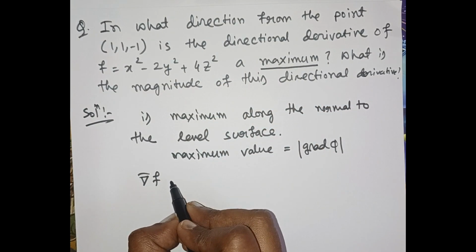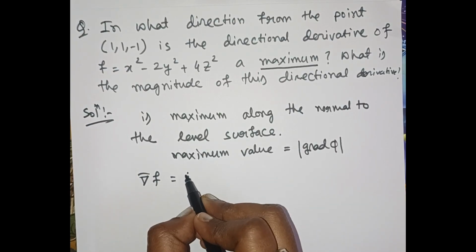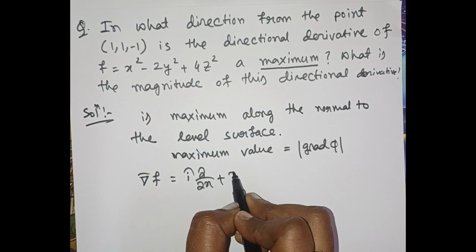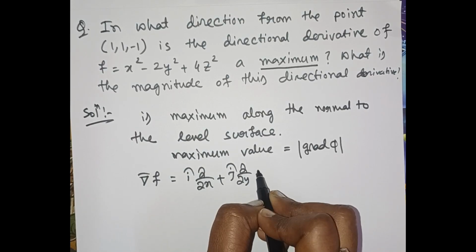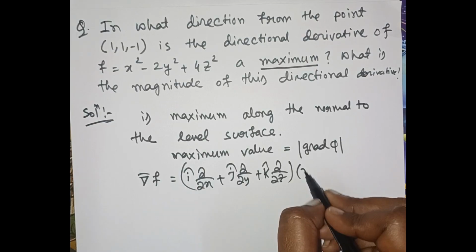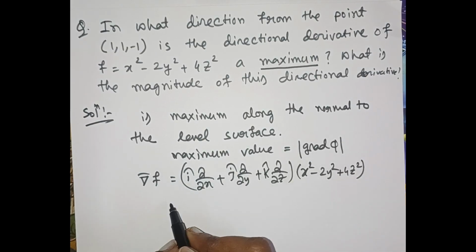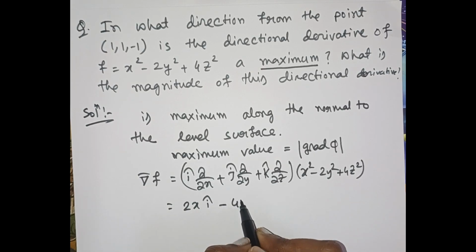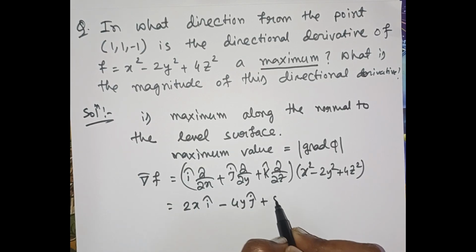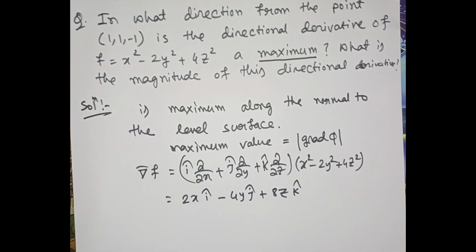So grad f is i del del x plus j del del y plus k del del z of f. f is x square minus 2y square plus 4z square, and if you calculate this, then this will be 2x i cap minus 4y j cap plus 8z k cap, and we have to calculate at the point (1, 1, minus 1).